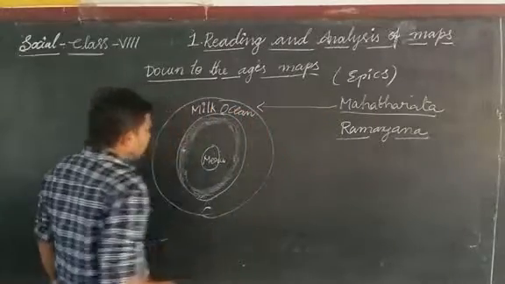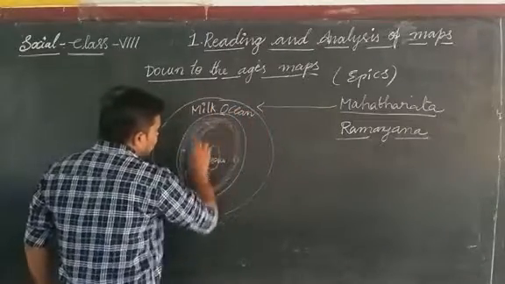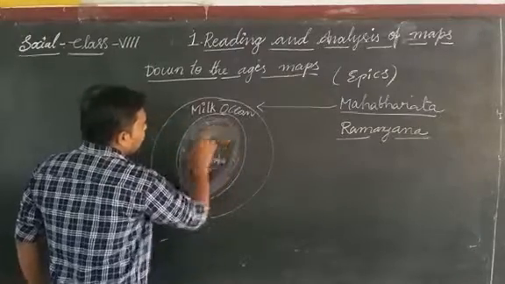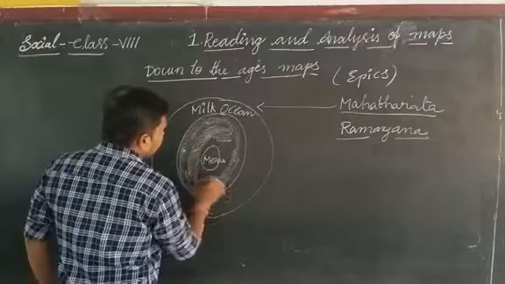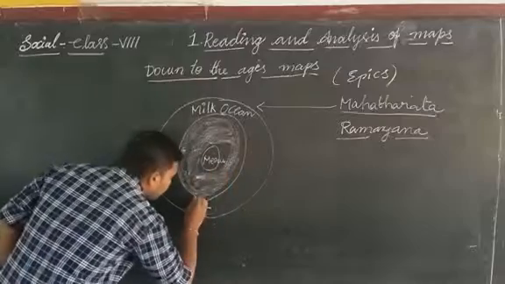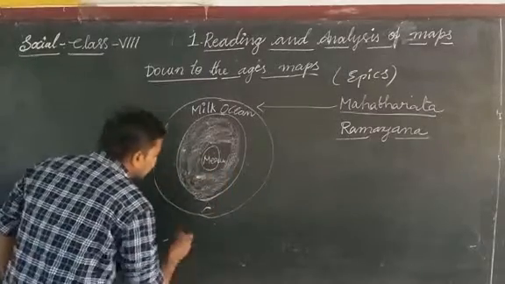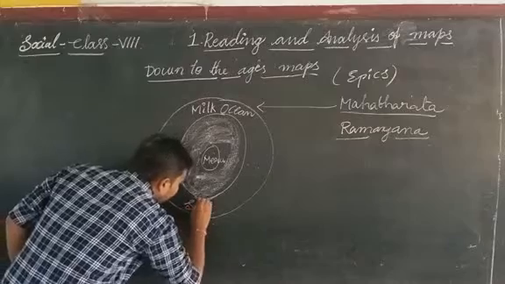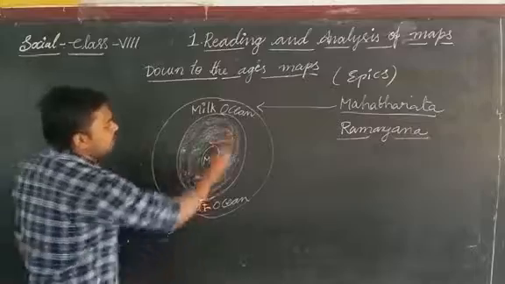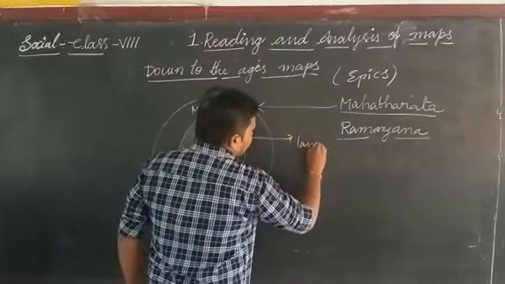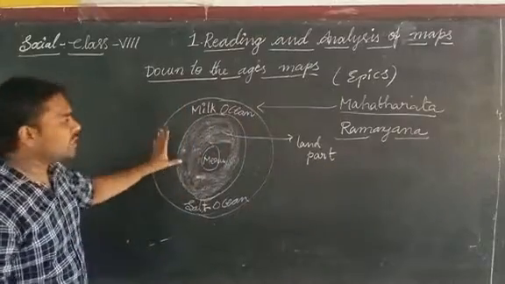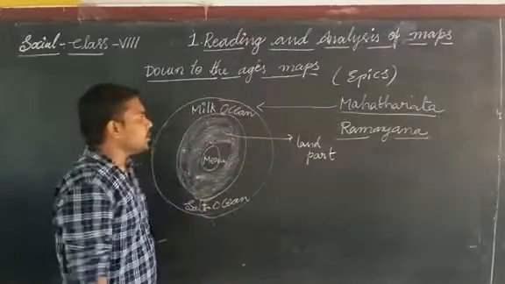According to the Mahabharata, the entire land part of the earth is surrounded by the Milky Ocean at the top, and in the south side it is surrounded by the salt ocean. This is the land part, meaning earth. This is the structure of the earth according to the Mahabharata.